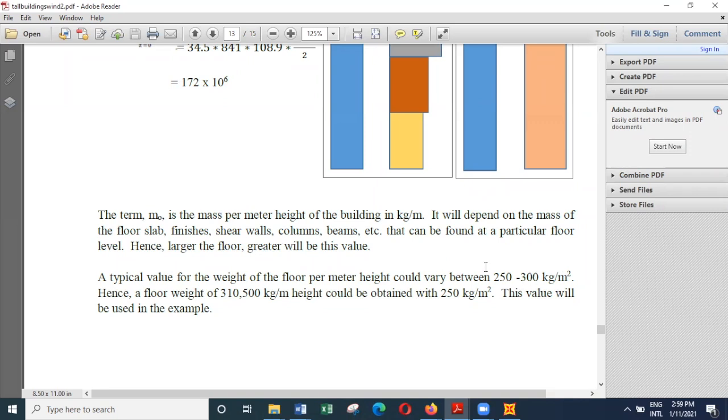I will consider that for this particular building, because it's an office building, the weight will be on the lower side because most of the partitions would be lightweight partitions. So I'll use a value of 250 kilograms per meter squared. And when you multiply 250 by 34.5 multiplied by 36, you will end up with a floor weight of 310,500 kilograms per meter height.